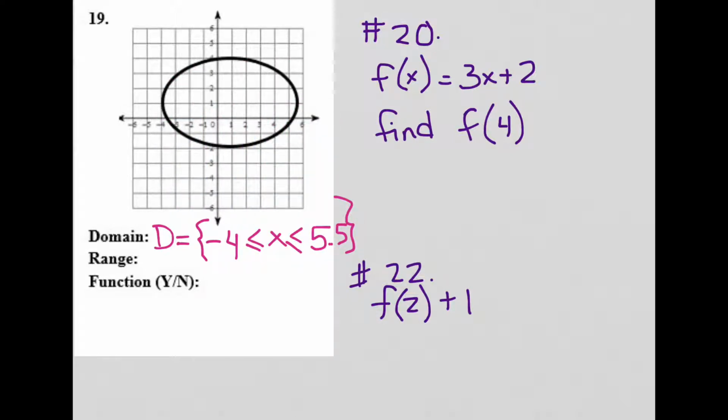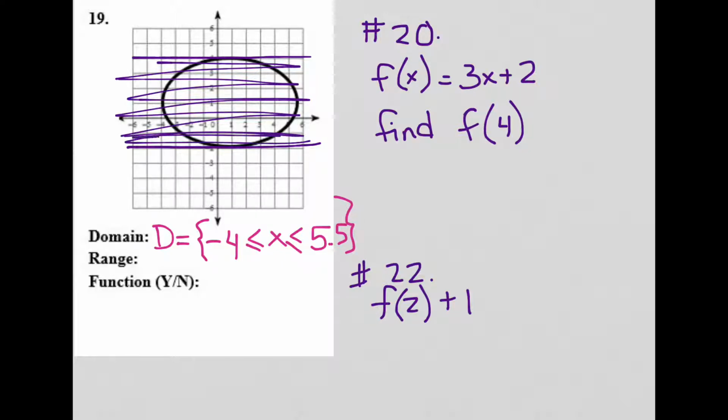So I'll do it with a pointer. Where am I seeing function? Beep. Okay, let's do it again. No, no, no. Beep. So I scanned and I encountered my function in between here. When I'm talking about the horizontal lines for the y's, that's when my scanner was making noise. It was in between there.